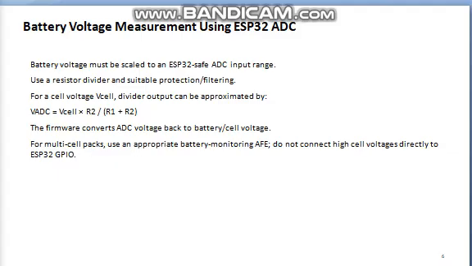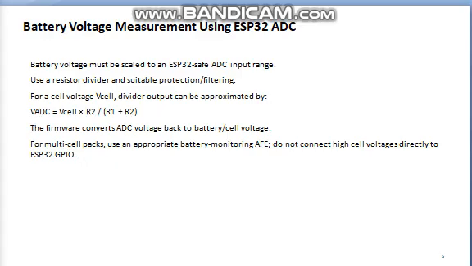For that the formula also is given, how to calculate the voltage divider or the protection resistor, that is given here. It's just a mere voltage division that you can easily design. In the code, whatever value is read by the ADC, you can convert it back to the range of 0 to 48 volt or 0 to 68 volt.